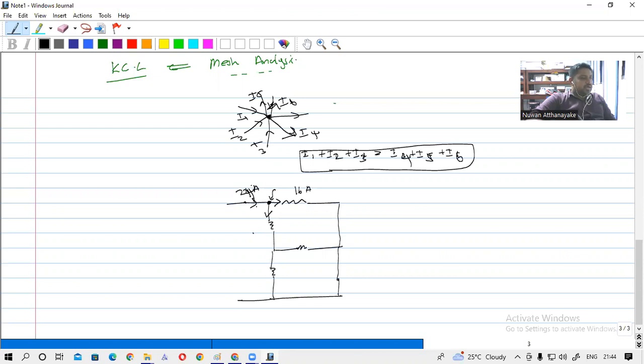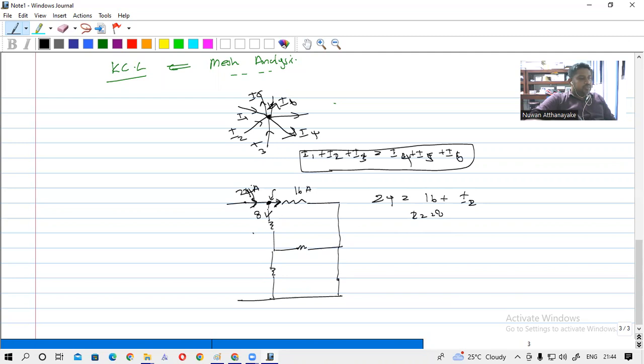The current coming to the point should be equal to the algebraic sum of the outgoing current. So 24 current is coming here and 16 current is going here. The coming current is 24, and the outgoing currents are 16 plus another current, I2. So I2 is 8, so here you will get 8 current.